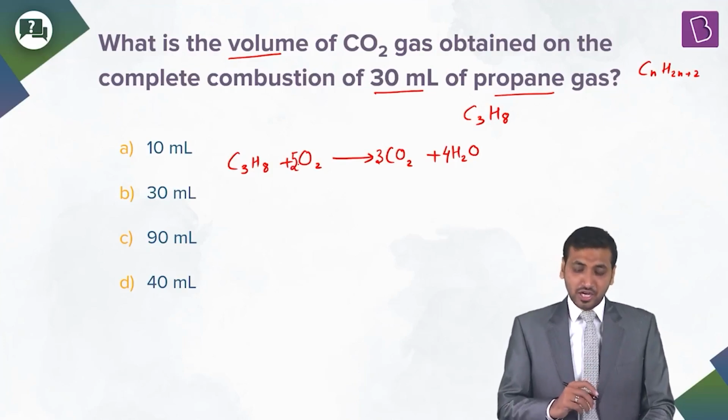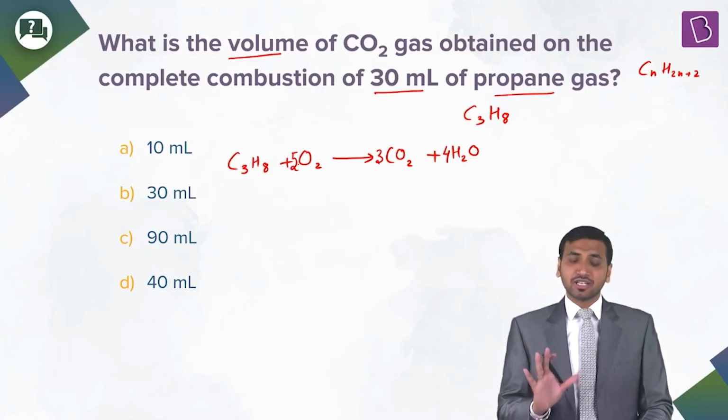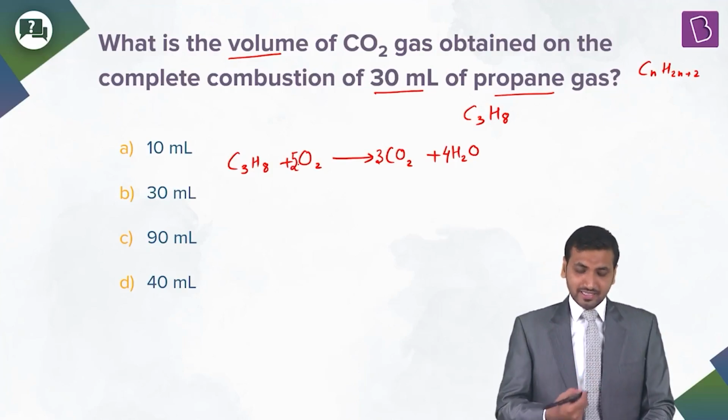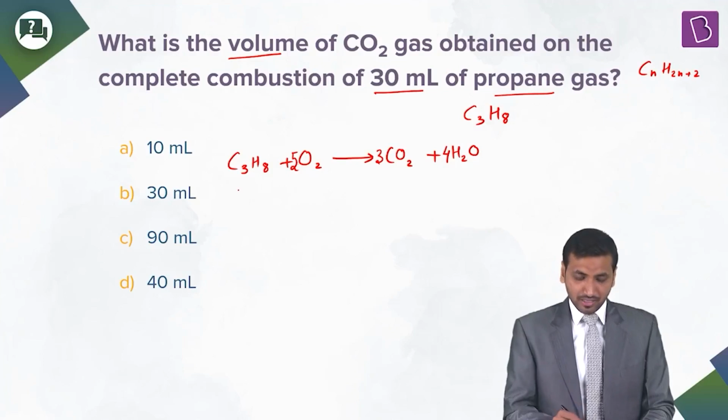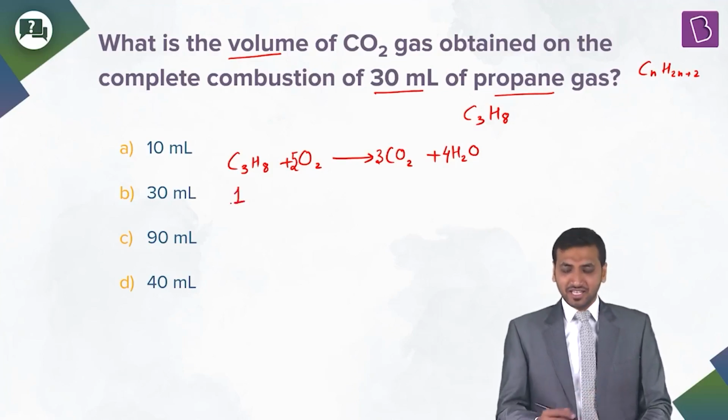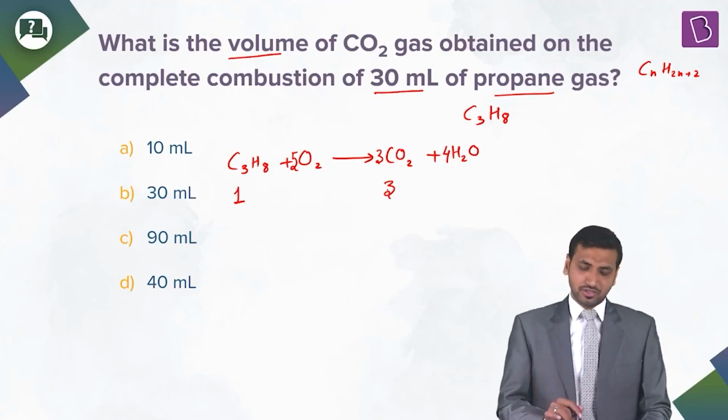Okay. Now taking care of the stoichiometry, you have to deal with this question. So can I say that 1 mole of C3H8 is going to react and form 3 moles of CO2? Make sense? Just by reading the stoichiometry? Okay.